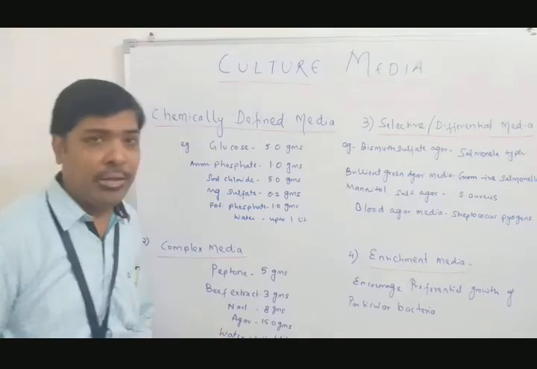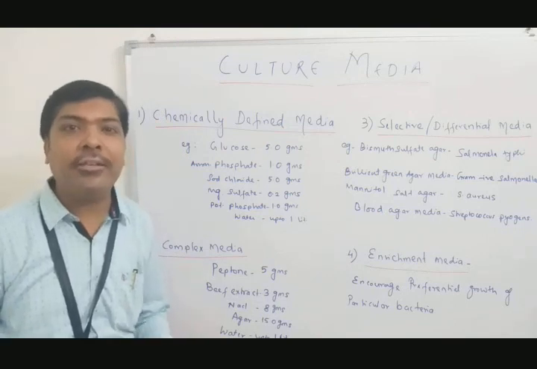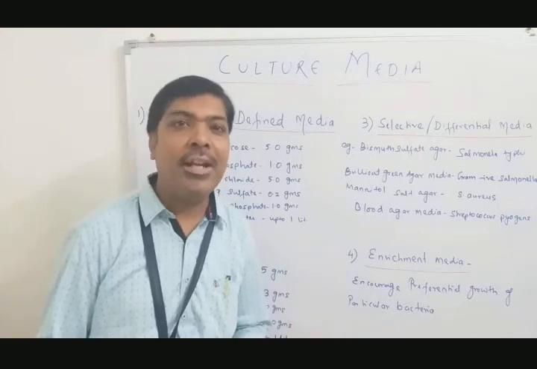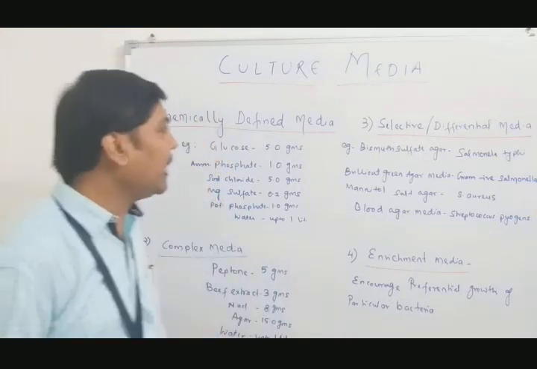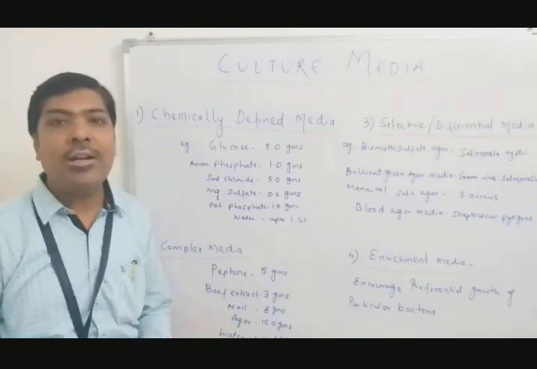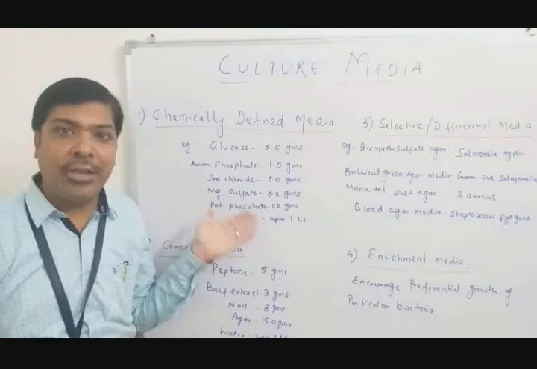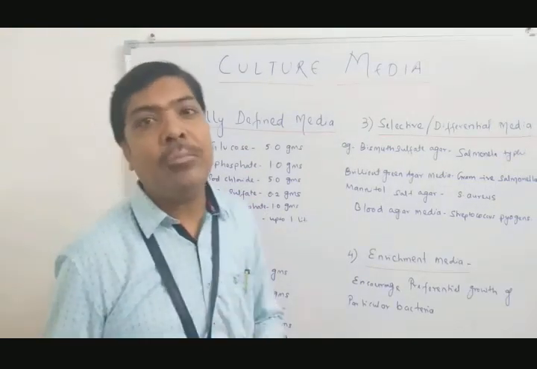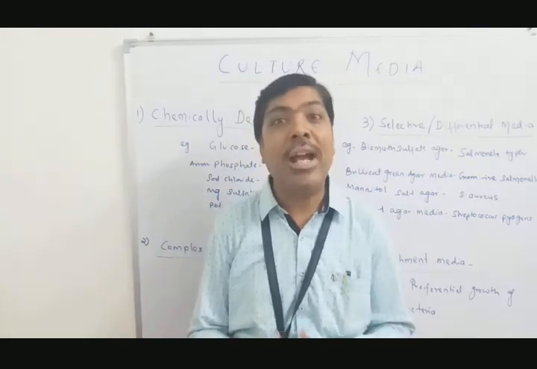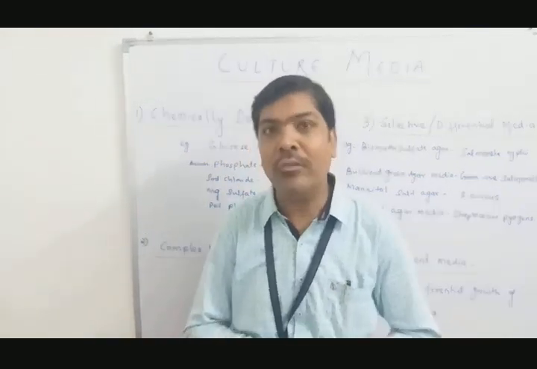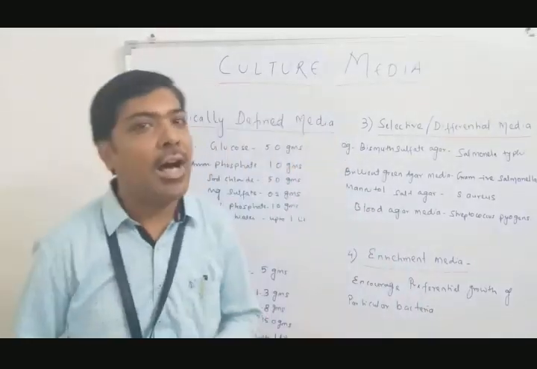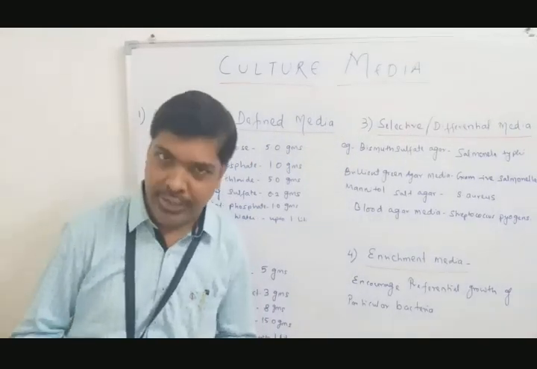But in this recipe, whatever ingredients I am adding, the exact chemical composition of each ingredient is well known. For example, glucose 5 grams, ammonium phosphate 1 gram, sodium chloride 5 grams. So all the ingredients utilized for the preparation of this recipe, the exact amount of every ingredient that is contributing to the growth of the bacteria is very much defined. So these types of culture media are called chemically defined media.